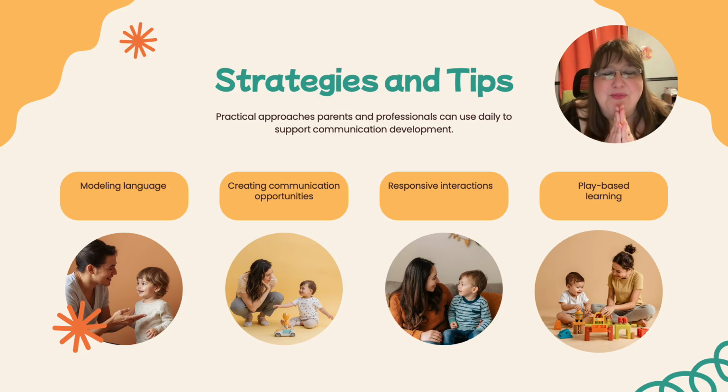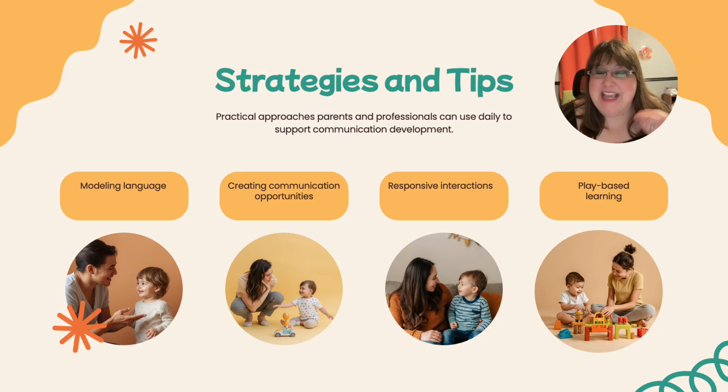As a quick review, here are just a couple of extra strategies and tips to use to support your child's communication development. Model language. Model it. Remember the power of 3 over and over and over again. Create communication opportunities. Sabotage things. Put things up high where they have to point or ask for it, right?